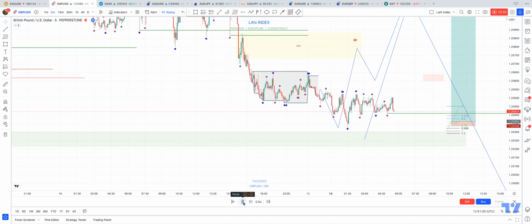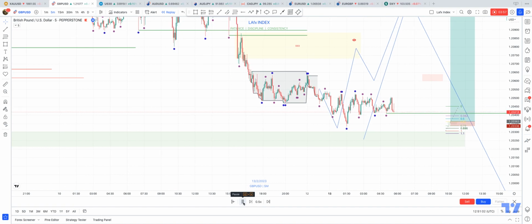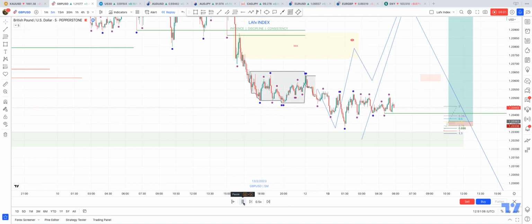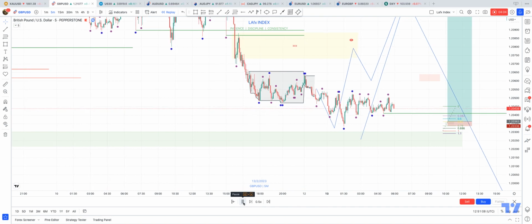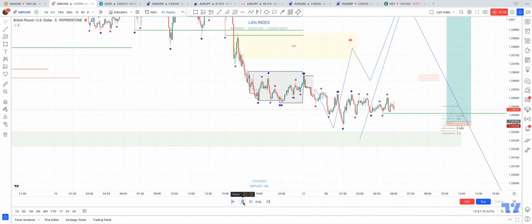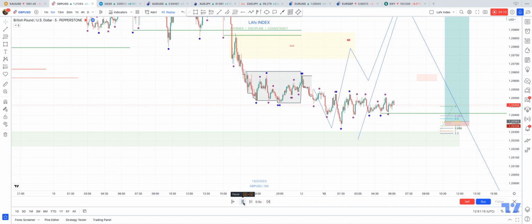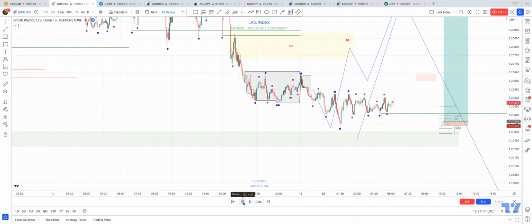As you can see, price is still respecting that protected area up there, that protected supply, right? So until we have a sweep to the bottom, or until we have a sweep of that protected highs up there, we're not going to look for confirmations of entry.